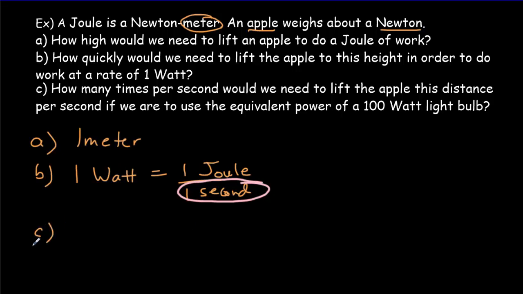And then in part C, how many times per second would we need to lift the apple to this distance per second if we were to use the equivalent power of 100-watt light bulbs? Well, that would mean we'd have to lift our apple 100 times per second up 1 meter in order to be using energy at the same rate that a 100-watt light bulb does.